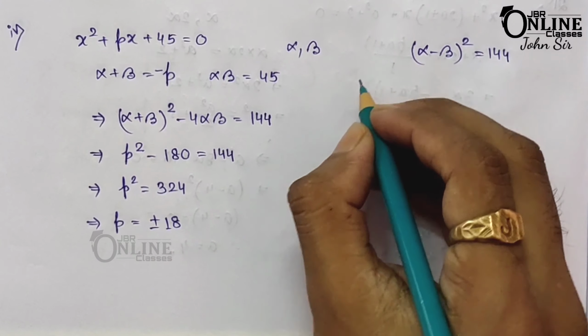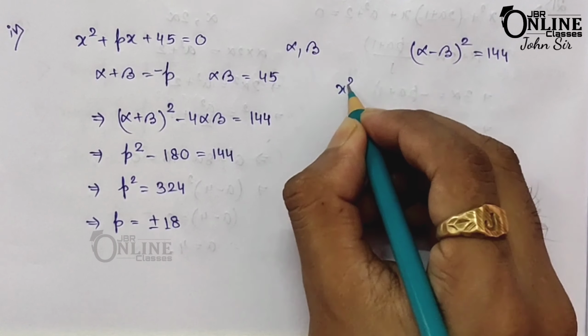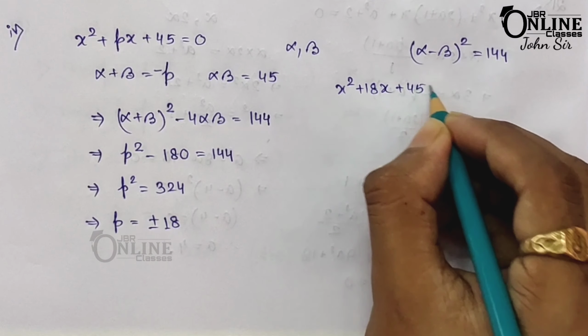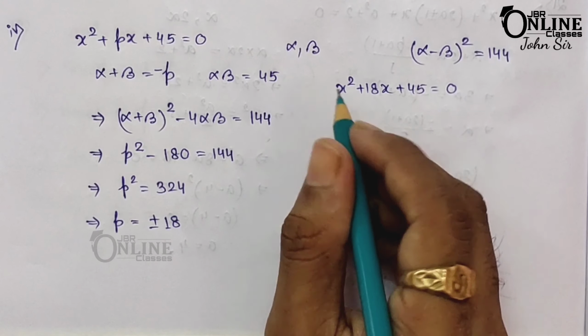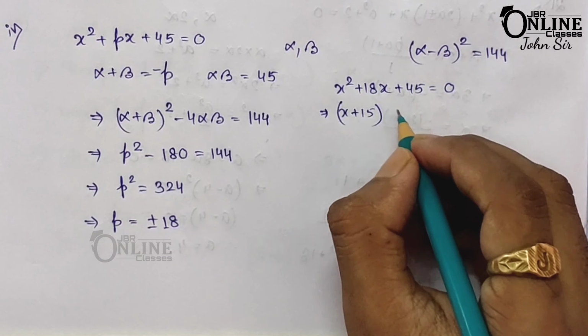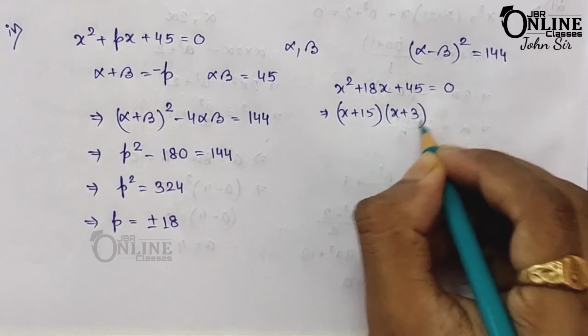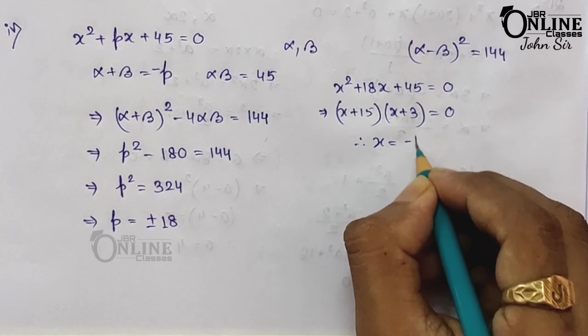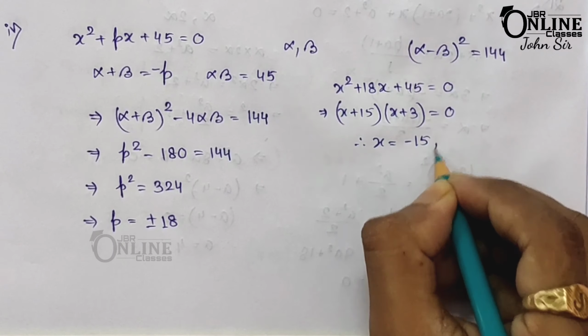When p equals 18, then it will be x square plus 18x plus 45 equals 0, and from that x plus 15 and x plus 3 are the two factors of this equation. So x equals minus 15 and minus 3.